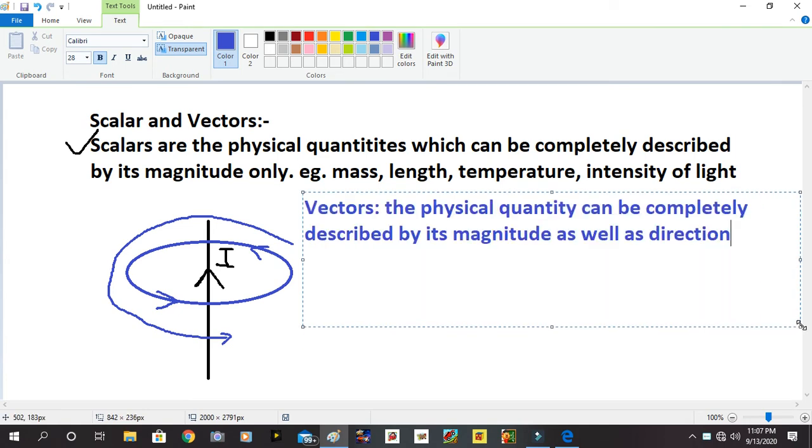The vector. So which quantities need magnitude as well as direction?